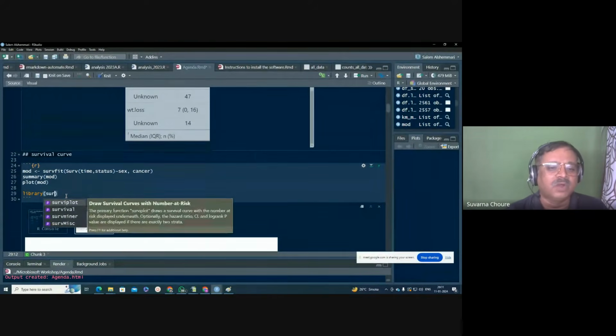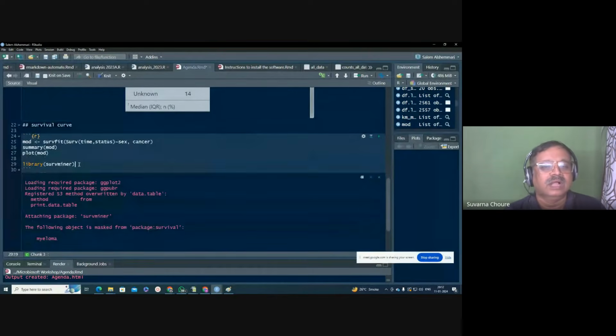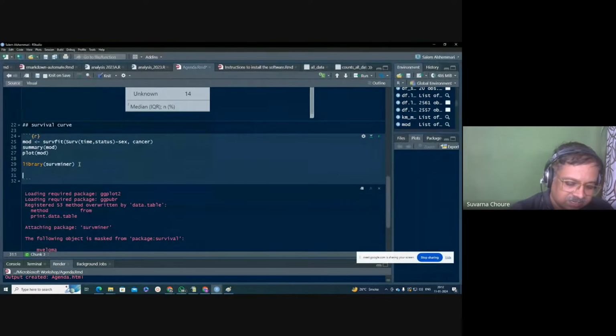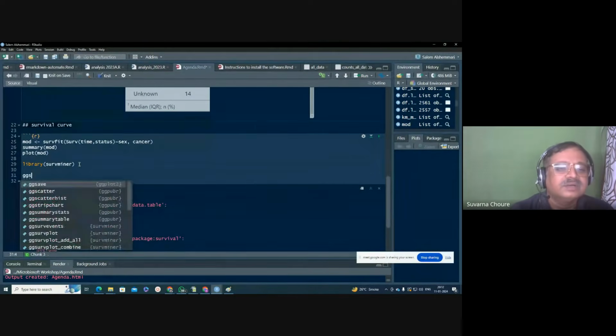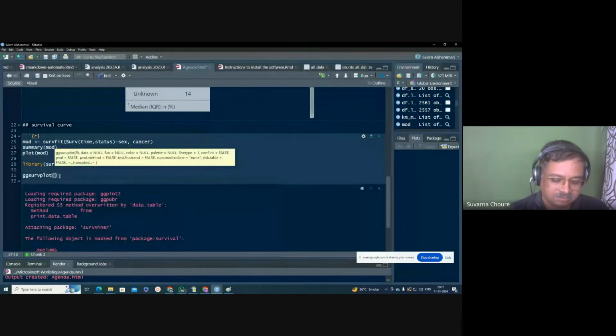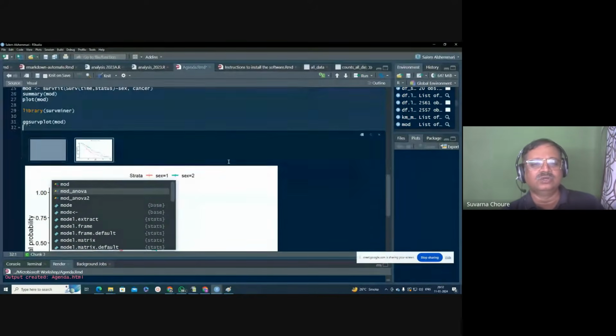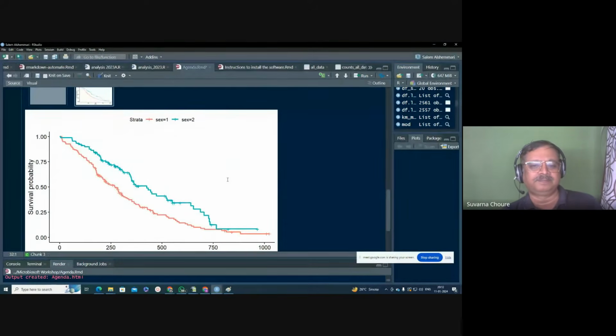A beautiful plot I want. And there, just this function is sufficient to give me a beautiful plot.